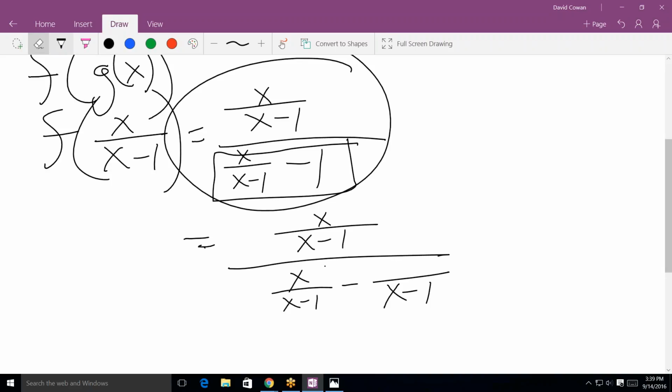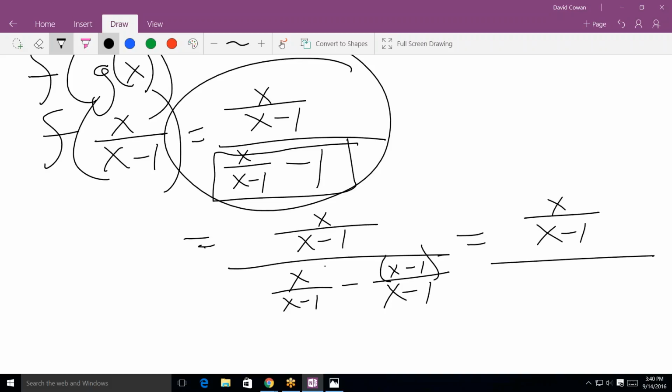So that's what goes there. And it's very important that you use parentheses here. Now, notice how that's the same thing. In other words, x minus 1 over x minus 1 is the number 1. And that's what we wanted to do. Okay? Now, let's simplify that. Well, the numerator is still this. What's the new denominator?